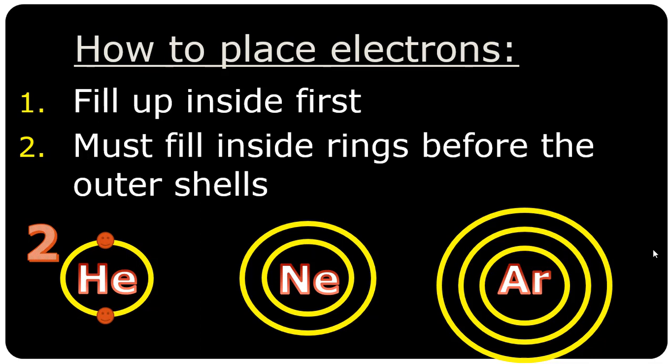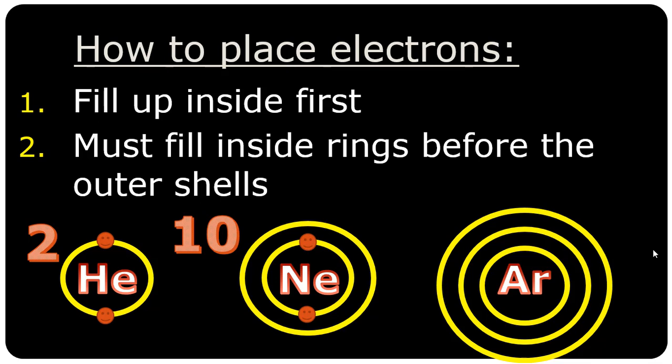Neon is right below helium on the periodic table. Neon has an atomic number of 10. That means there are 10 electrons on neon. The inside level can only fit 2 electrons, so 1, 2 go on the inside. But I need to fit more electrons because neon needs 10.